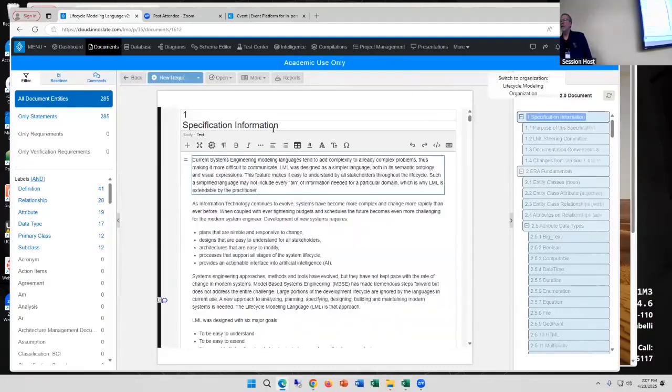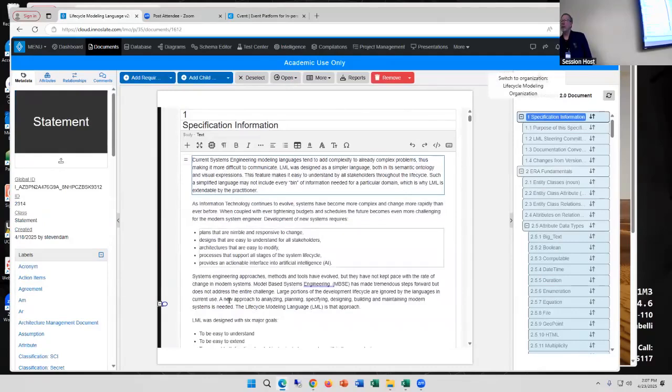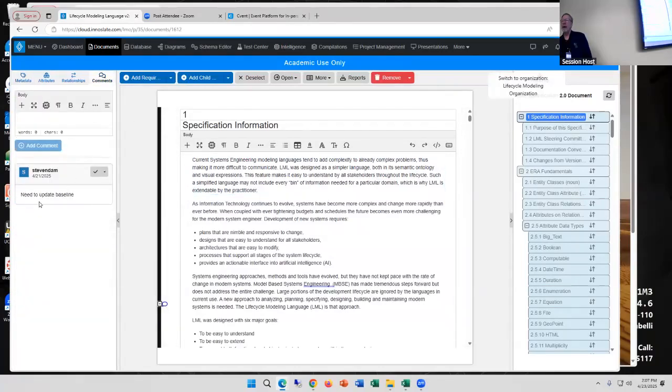Now, we have set it up so that there is the ability potentially to comment on it. So here, in fact, I have a note that we need to update the baseline because this was put up pretty quickly, and there's still some little minor changes we want to make. When we downloaded this and created the Word document and then the PDF for it, we found some word processing kinds of things we'd like to clean up and make better.